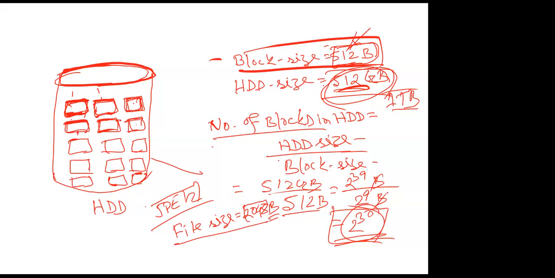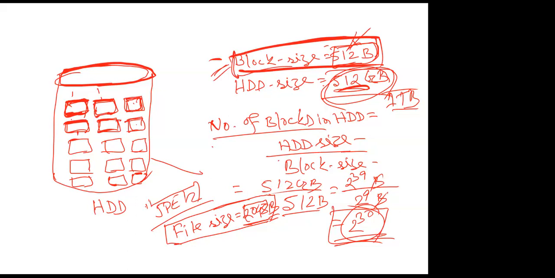Now let's see how many blocks this specific file will get. You need to divide the file size by the block size. You need to take note: this is the block size for the hard drive. Here you think about a file.